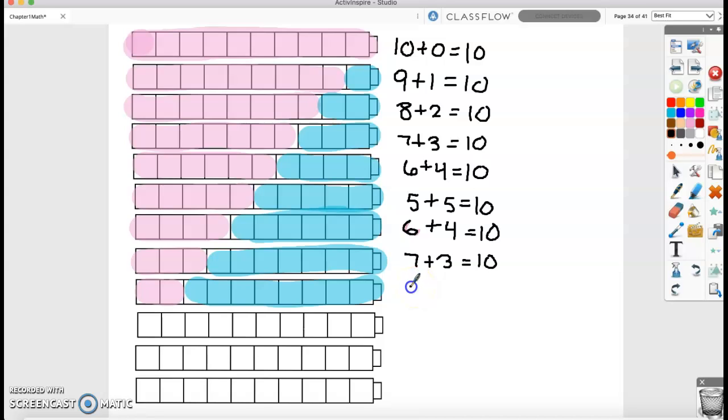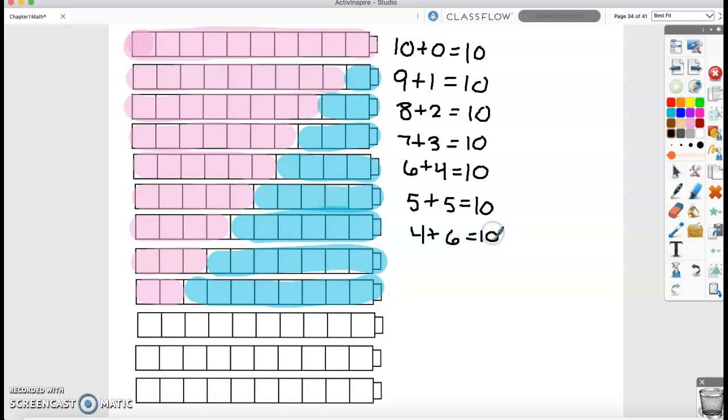If you noticed I did something wrong, you are correct. Let's go back to these ones and we'll fix them. And that's okay. Sometimes we realize that we didn't do it right. We are doing the pink first. So if you thought it was 4 plus 6 equals 10, you were correct.